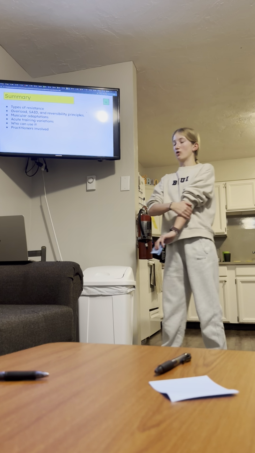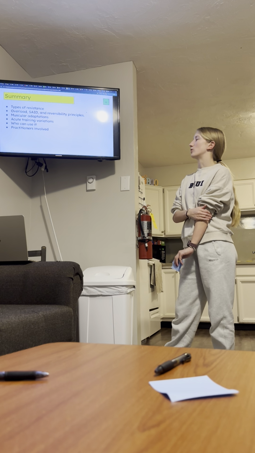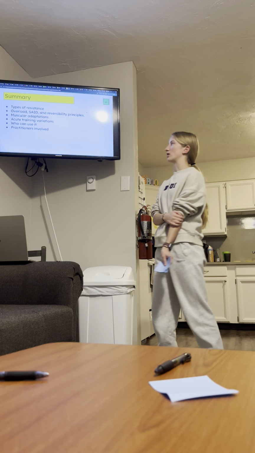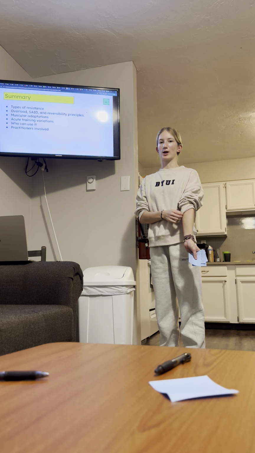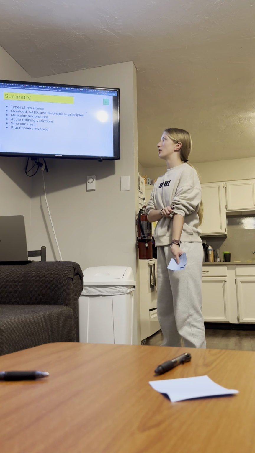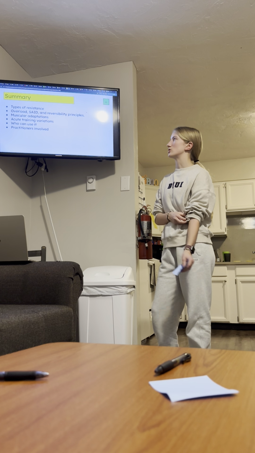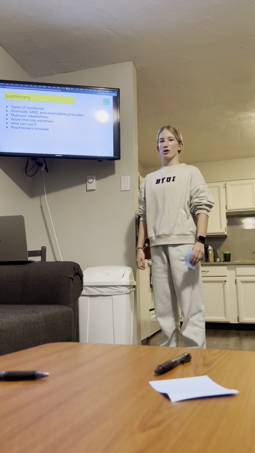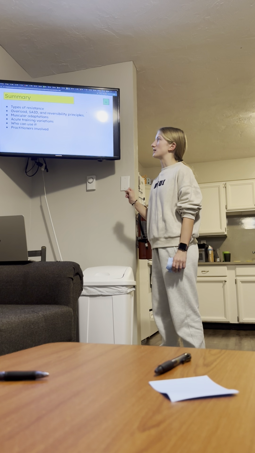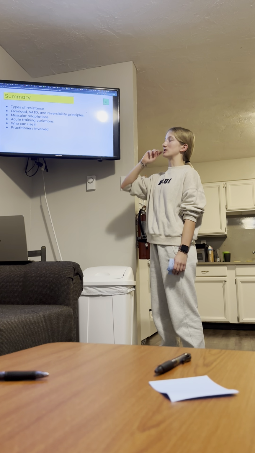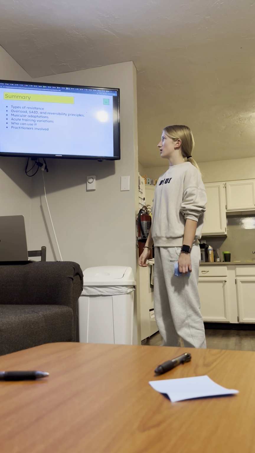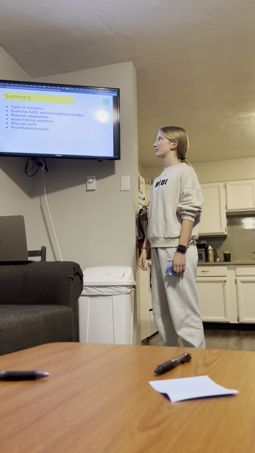So an overall summary, we talked about the types of resistance, like body weight and using things like bands and dumbbells. We talked about the principles such as overload, so going at your maximum capacity in order to increase endurance and hypertrophy and power and strength.